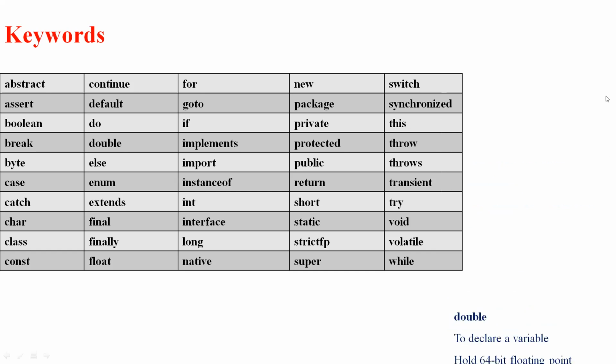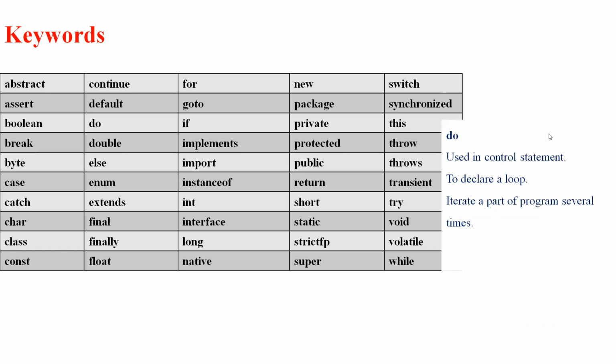It is used in a control statement to declare a loop, and it can iterate a part of a program several times. So this is about the keyword do.